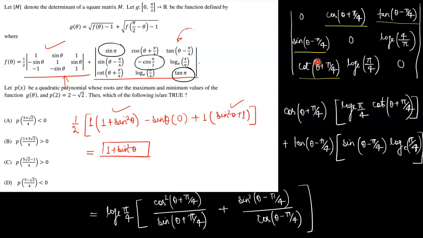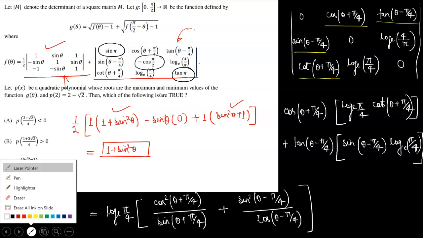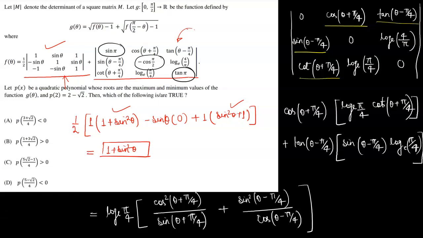So the negative will vanish, and after that I have changed the argument lastly, so there will be one more negative. So further we will have a negative here.